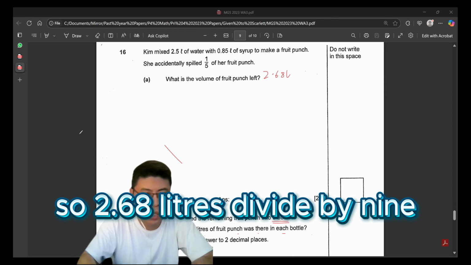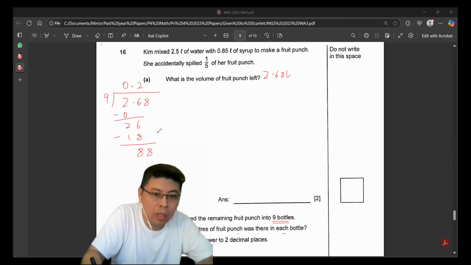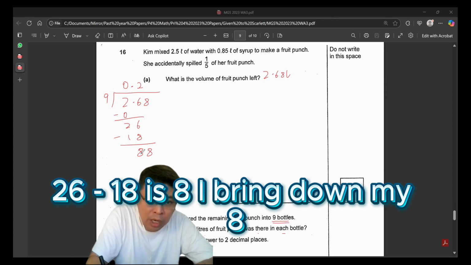Divide by 9. So 2 divided by 9 is 0. Then 0 times 9 is 0. 26 divided by 9 is 2. 2 times 9 is 18. 26 minus 18 is 8. I bring down my 8.